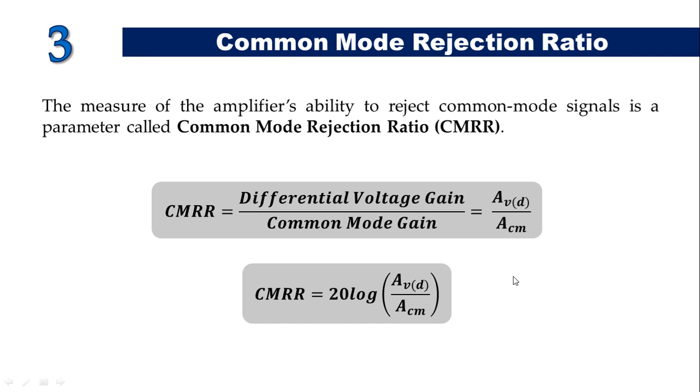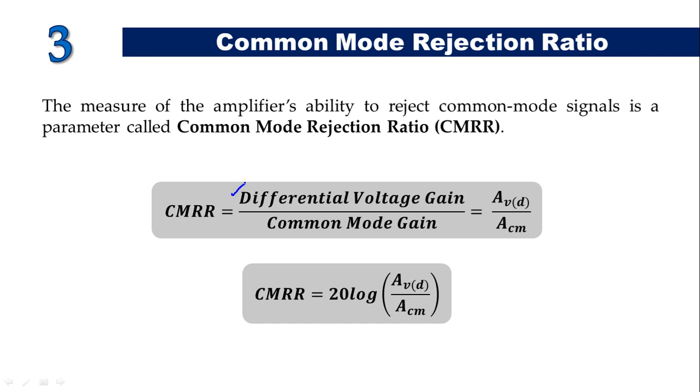So, yung ratio na yon, yung ratio ng differential voltage gain and yung common mode gain sa ating amplifier, yun yung ating CMRR. So, habang tumataas yung ating CMRR, mas maganda. So, etong ratio na to, this suggests that a good measure of differential amplifier's performance in rejecting unwanted signals is the ratio ng kanyang voltage gain and kanyang common mode gain.